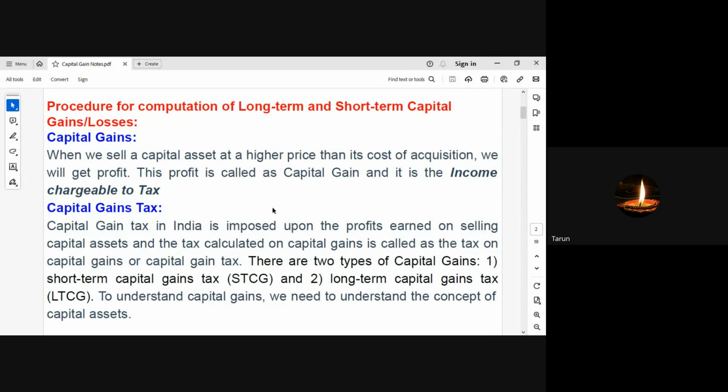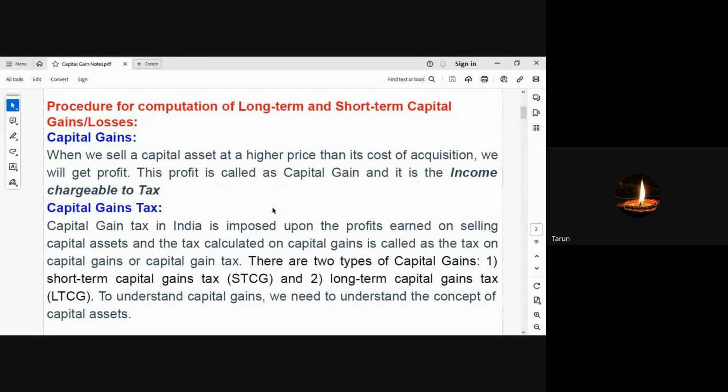So when you sell a capital asset for more than the original price, it's a capital gain. When you sell any asset for less than the original price, in income tax called the cost of acquisition, it is called a capital loss, and that loss is not chargeable to tax.